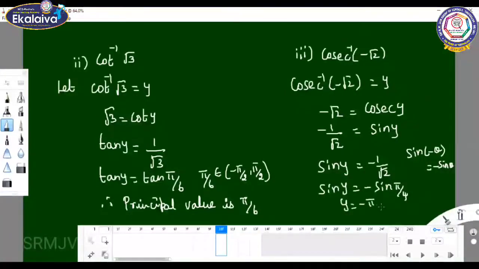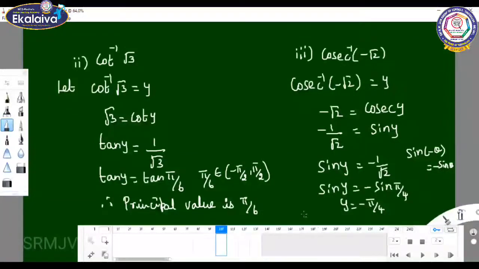minus pi by 4. It belongs to the interval pi by 2 comma pi by 2.